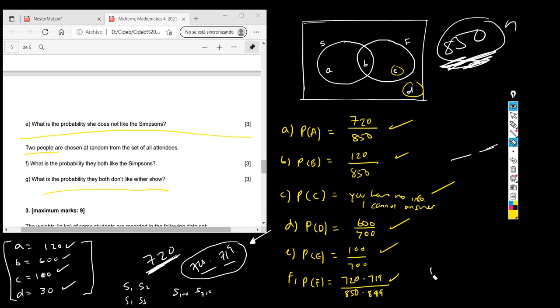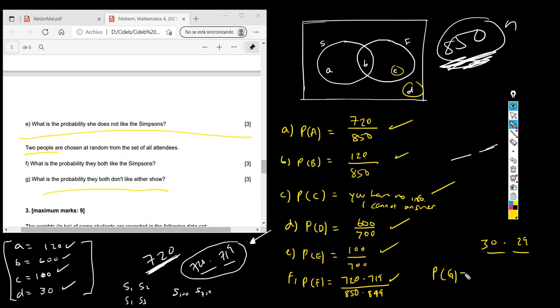What you do is this. Calculate the number of possible combinations you can get of people that don't like either show, which is all the people in section D. You have 30 people, so all the possible combinations is 30 times 29. This many combinations of couples you have that don't like either show.